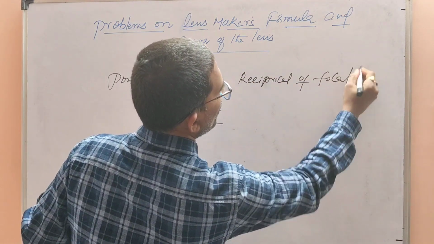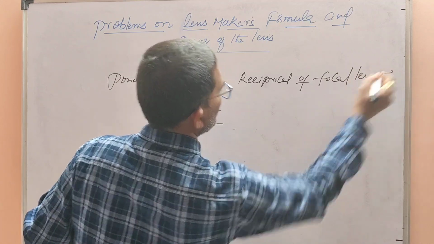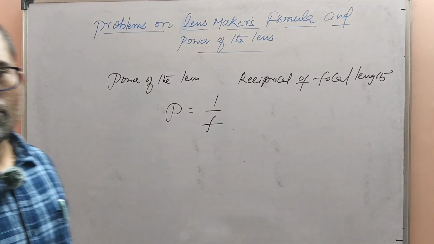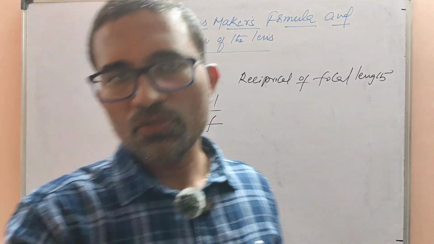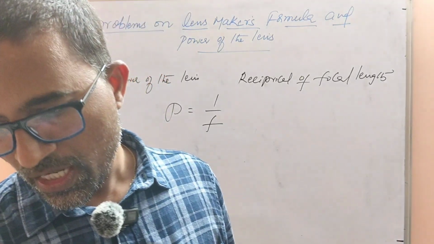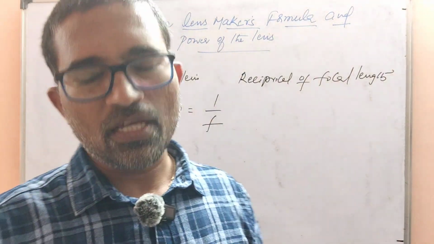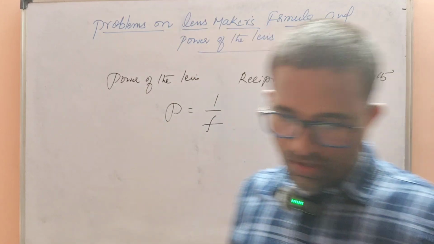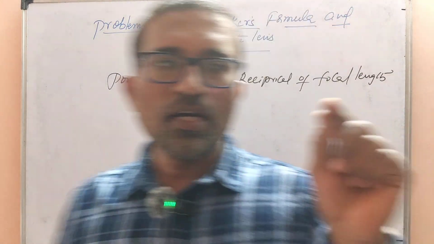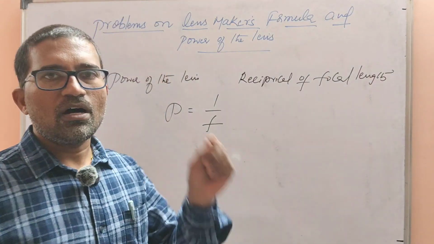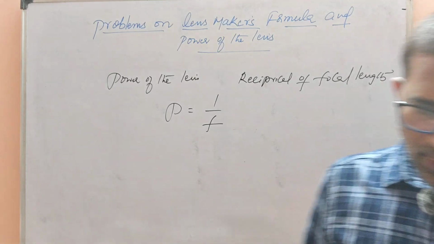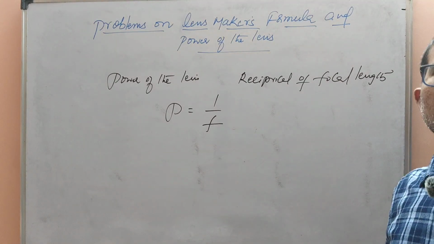The reciprocal of focal length is called power of the lens, or, how can we define it, please write down the definition. The degree of convergence or divergence of light rays that can be achieved by a lens is called the power of the lens.